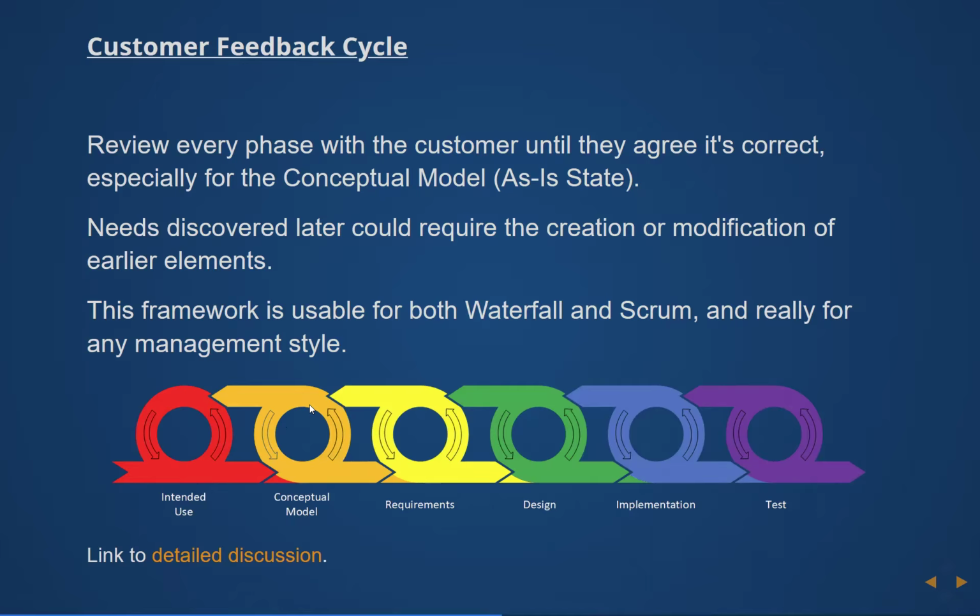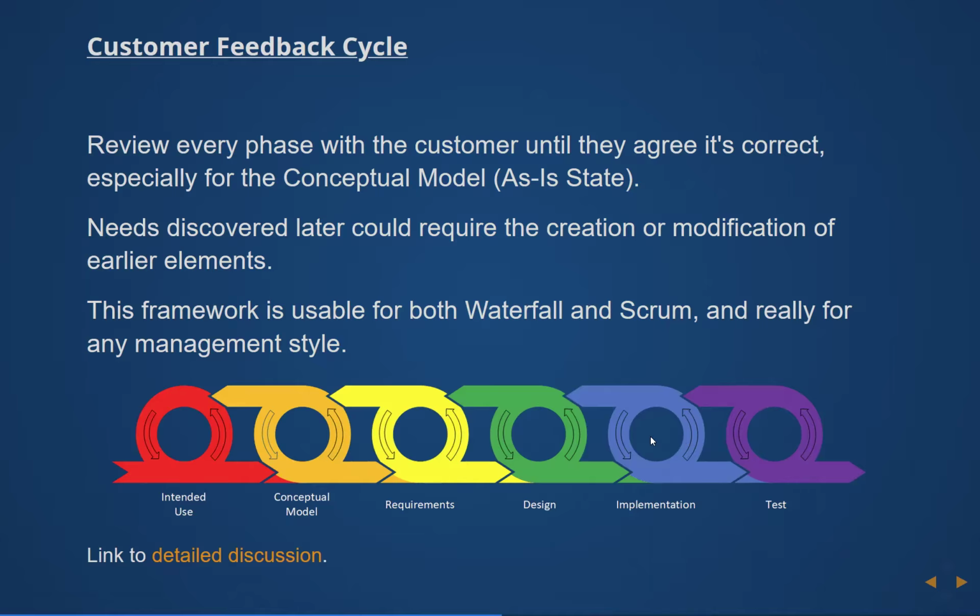So we do that iteratively through all the phases until we're done. So the reason I show things this way is iteration happens within every phase, between all the participants, and also between phases. It's usually forward, but it can be backwards too as more is learned.